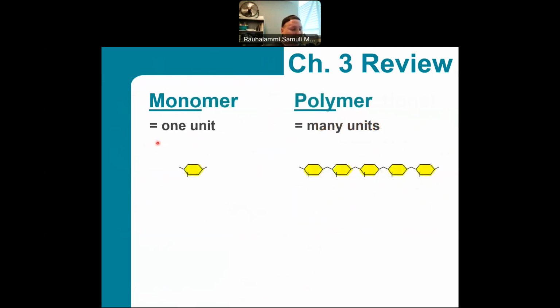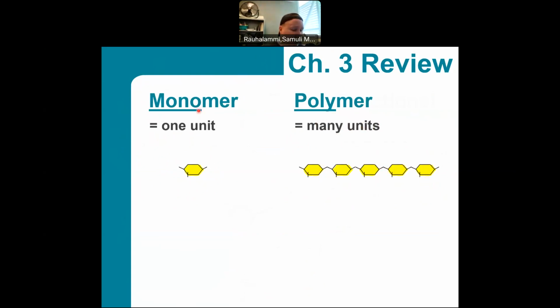So let's first talk about monomers and polymers. Whenever we have a single unit of something, it's a monomer. For example, here it would be a sugar unit, a single simple sugar. If we have multiple of them lined up together to form a more complex sugar, we talk about a polymer, poly referring to being made of multiple subunits.